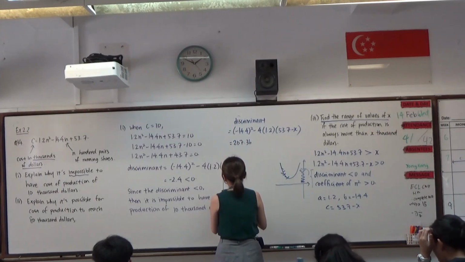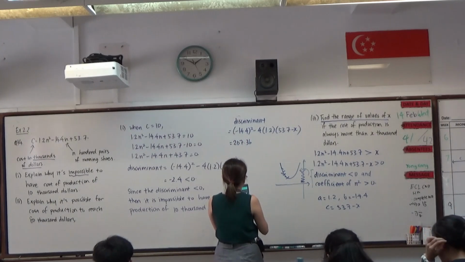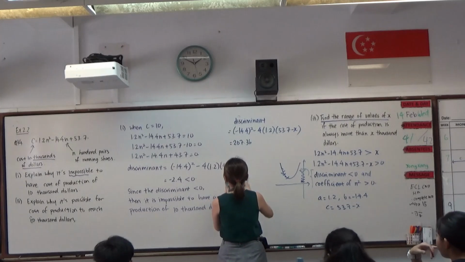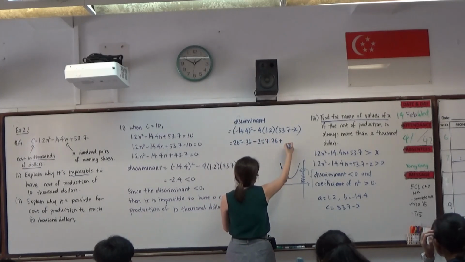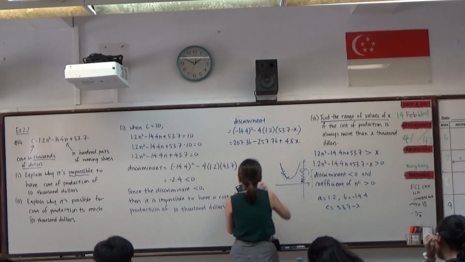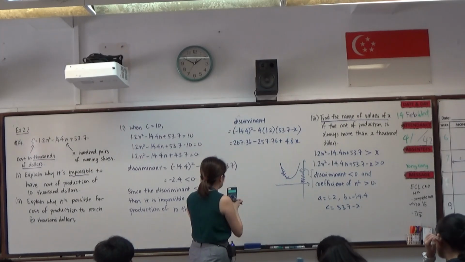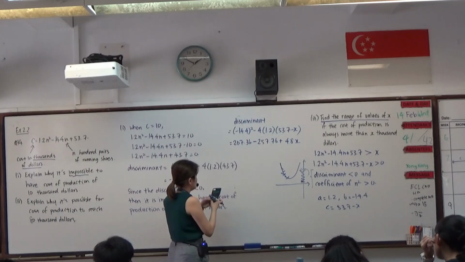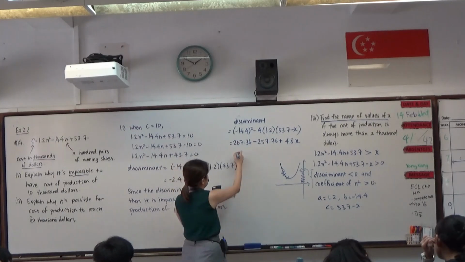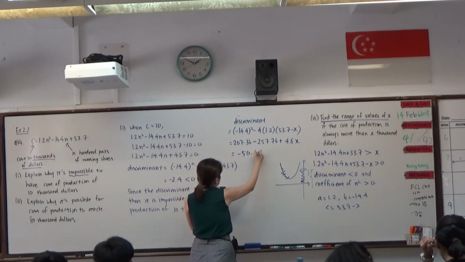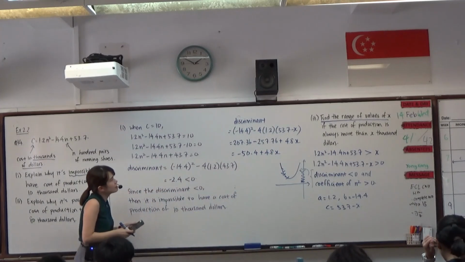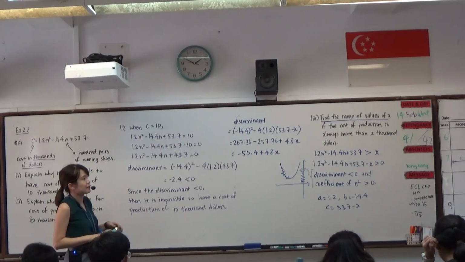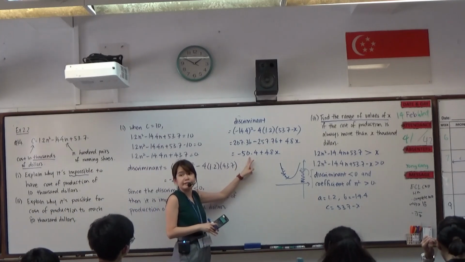7.36. Plus 7.76 plus 4.8x. Okay, so we have a simplified discriminant to be negative 50.4 plus 4.8x.